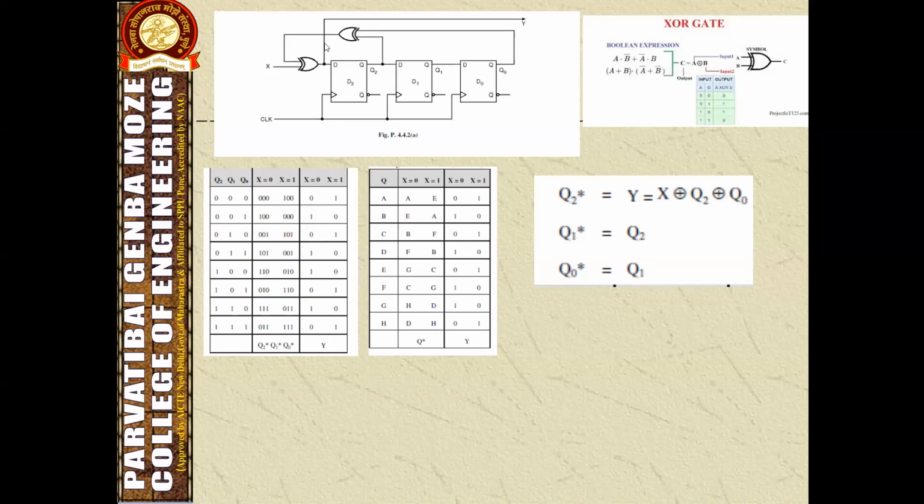See here, for the 0, 0, 0 combination of the output, x should be 0 and x1 should be 1. If we provide this combination, then the output will become 0, 0, 0. Similarly, we have to identify all the possible inputs for each particular output. So this is the excitation table, and here we are giving numbering.